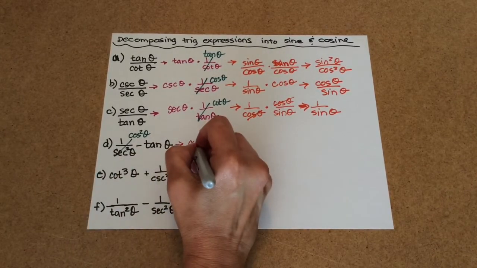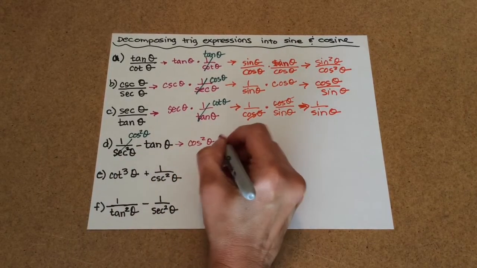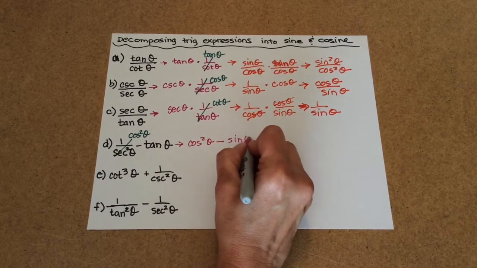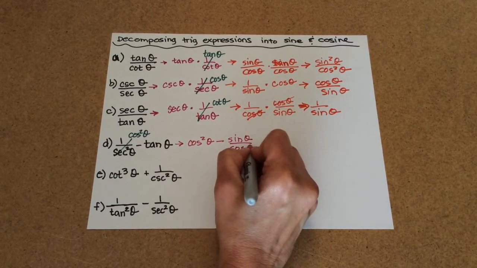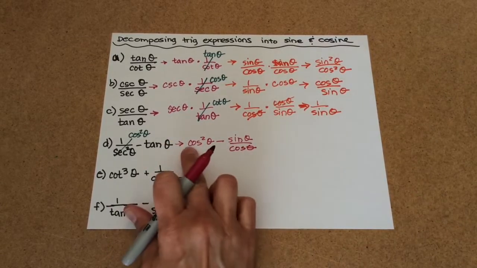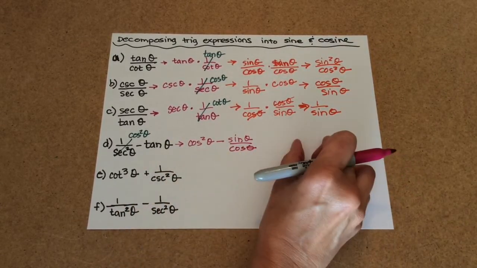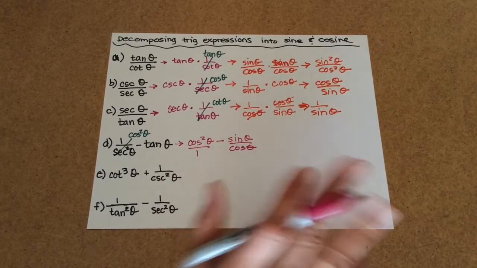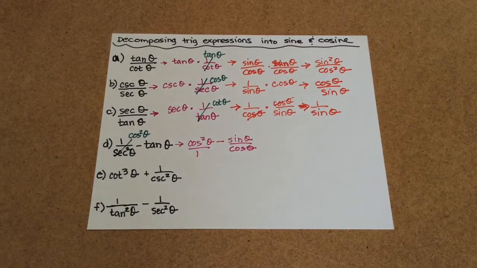So we have cosine squared theta minus tangent, in terms of sine and cosine, is sine of theta over cosine theta. Now I could continue and actually add those and create one fraction out of them by doing common denominators, but that's not necessary for this point of the lesson. Let's take a look at the next one.